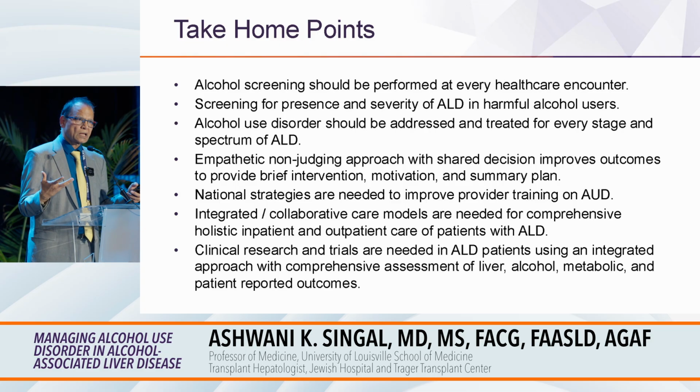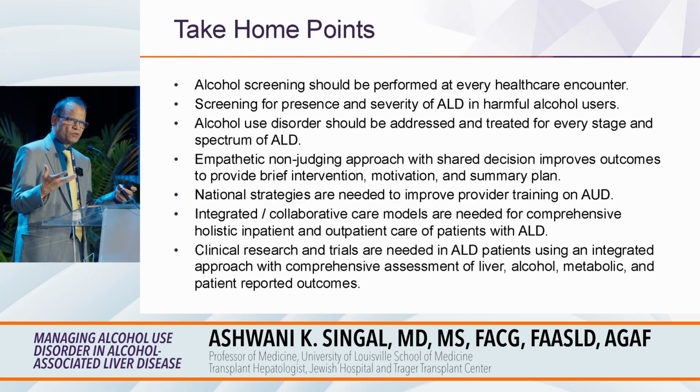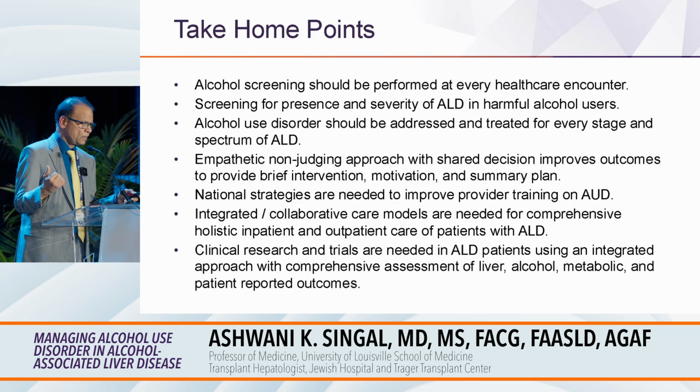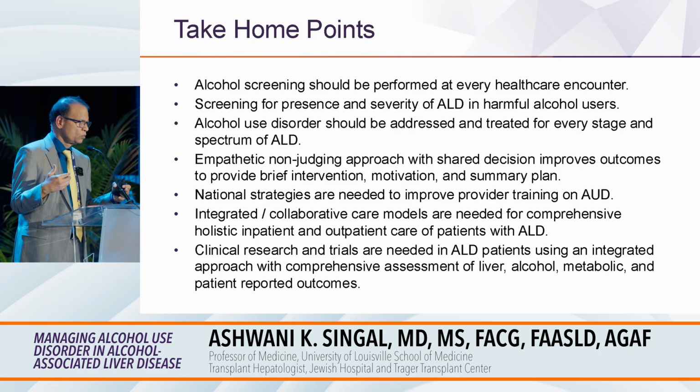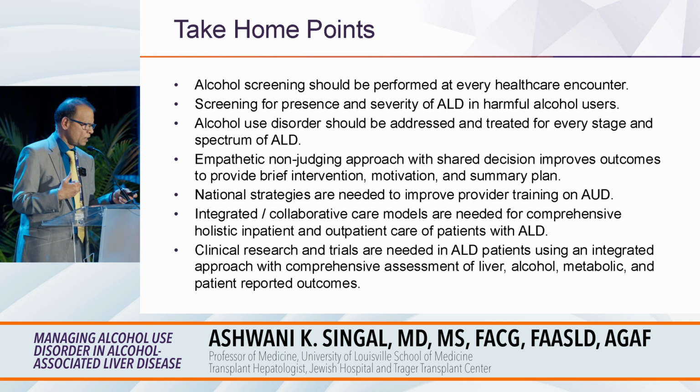And we should address alcohol use disorder in the right way, as we just saw, at every stage of liver disease because it helps. And then finally, we need strategies to improve provider training on alcohol use disorder, especially gastroenterologists and hepatologists, and then more and more promotion of integrated collaborative care models to take care of these patients in a more holistic way in terms of their two pathologies.